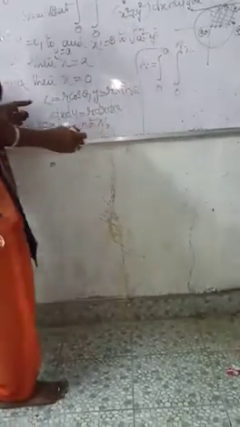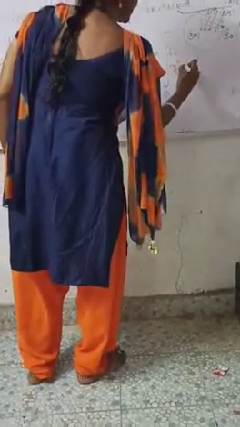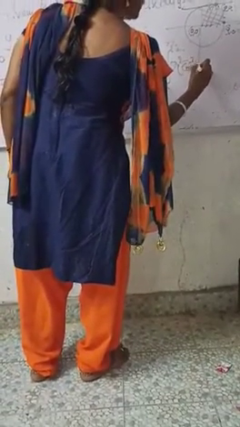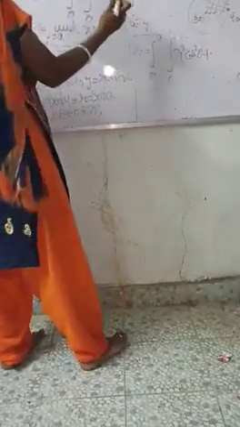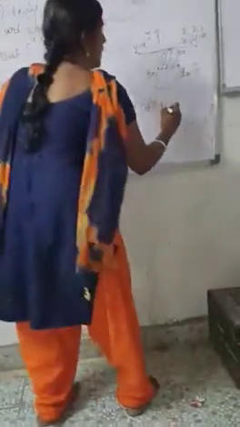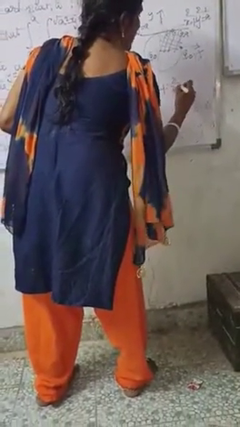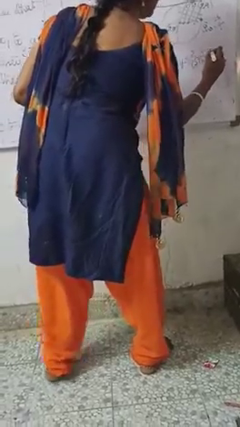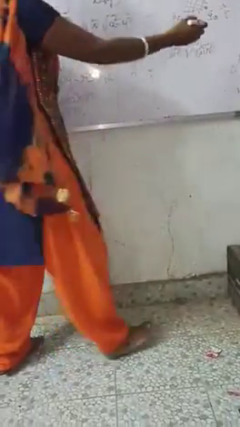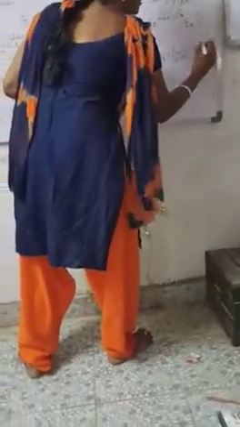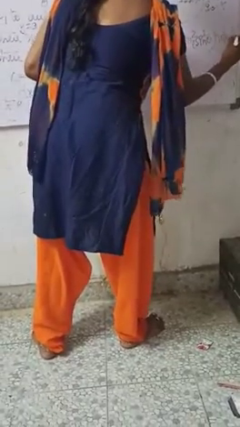Here we substitute x as r cos theta, so x square means r square cos square theta plus y square means r square sin square theta. Next, dx dy means r dr d theta.